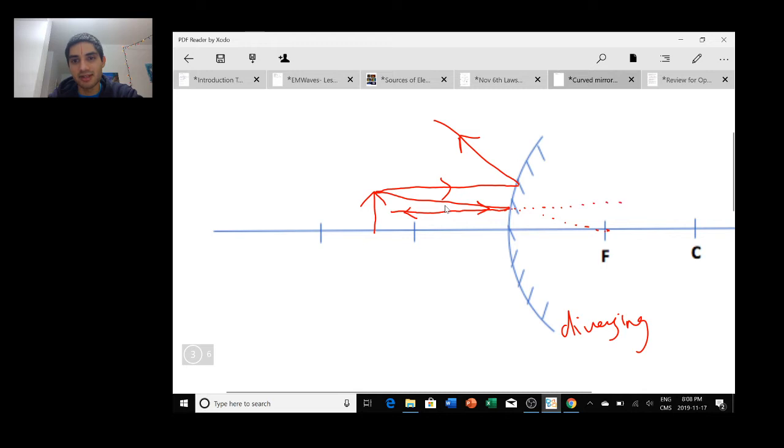And then we extend these two backwards because the image is formed where two rays meet, and so therefore that is the image location. So basically you just have to use these two rules for all the curved mirror ray diagrams. It's actually not that bad if you really think about it.